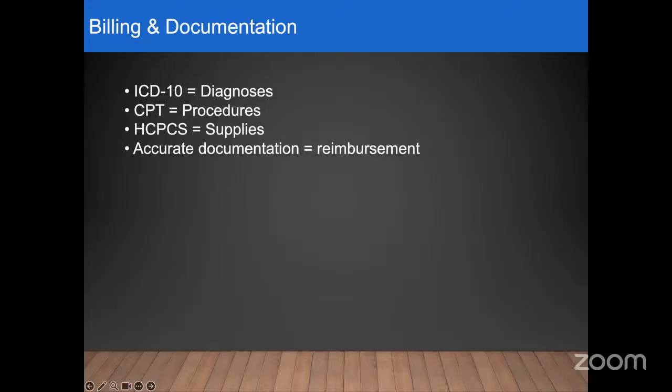And the HCPCS codes are for services or supplies like medical equipment that have been used, beds, stuff like that. Accurate coding is very crucial for reimbursement from insurance companies. So it's important to understand and document every service accurately.